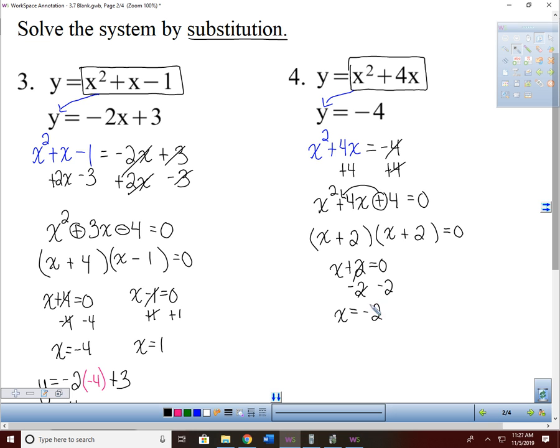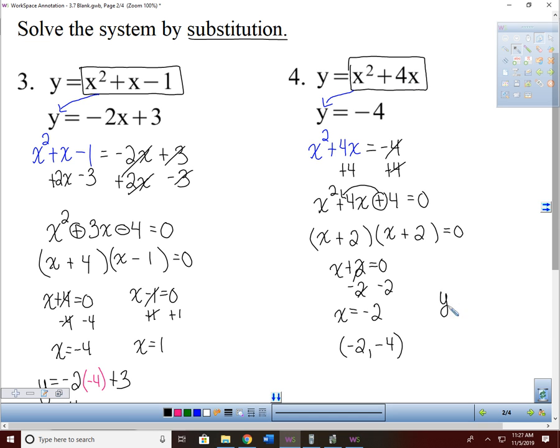Now, if I use my brain a little bit here, I realize that I only have one number to plug in, which means I'm only going to get one y value. And if you look up here, it already tells you that y is negative 4. So I could immediately just realize that my point of intersection is negative 2, negative 4. Maybe I don't realize that, though. You can plug into this equation up here because there are x values that you could actually plug into.